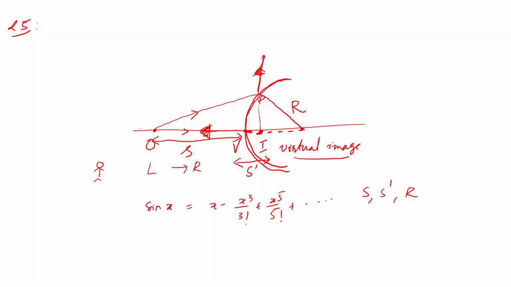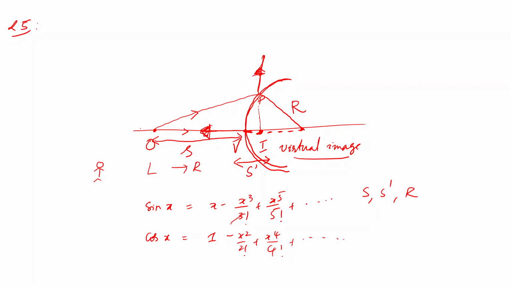That's the polynomial expansion, and you can see that the powers are odd. That's the odd nature of sine, whereas cosine is even. So you would have 1 minus x squared by 2 factorial plus x to the power 4 by 4 factorial, and so on.